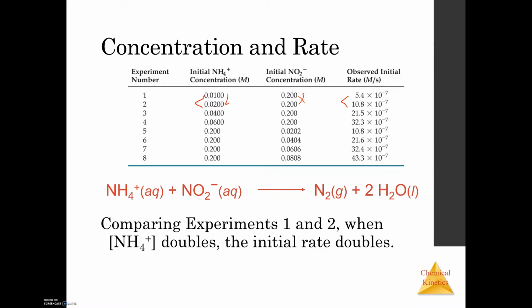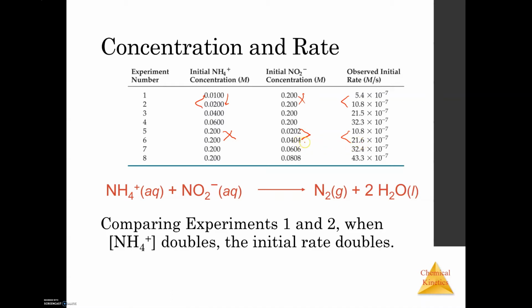So we have to pay attention to how the concentration changes and then how the rate changes in relation to that change in concentration. If we look at the NO2-, we would not use experiments 1 through 4 because the concentrations remain the same. But once we get to experiments 5 and 6, we see that the concentration changes for NO2-, but it stays the same for the NH4+ ion. The concentration of NO2- doubles from 0.02 to 0.04, and the rate also doubles.